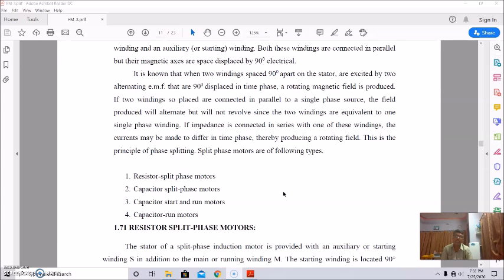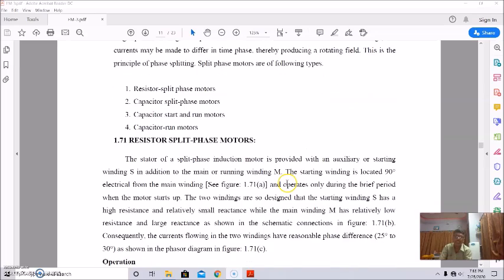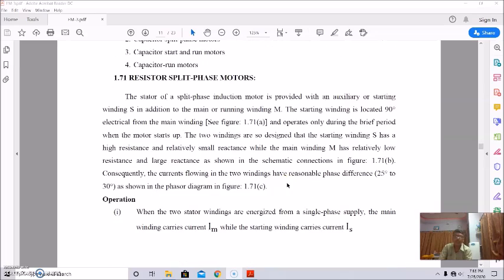This is the principle of phase splitting, and split phase motors, as I told you, are of the following types: resistor split phase motors, capacitor split phase motors, capacitor start and run motors, and capacitor run motors. With this split phasing process, we'll start with resistor split phase motors.